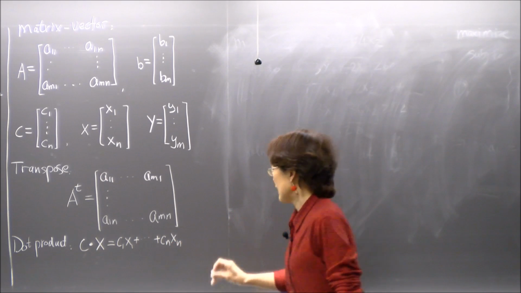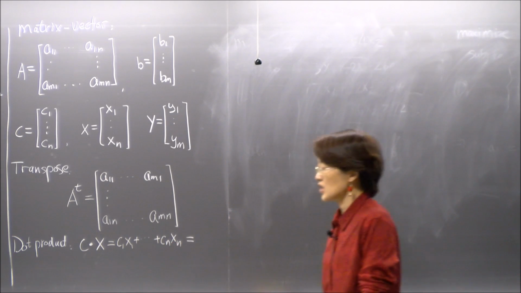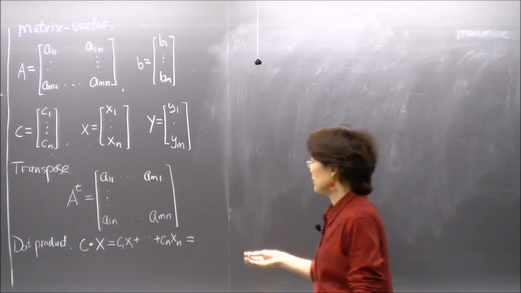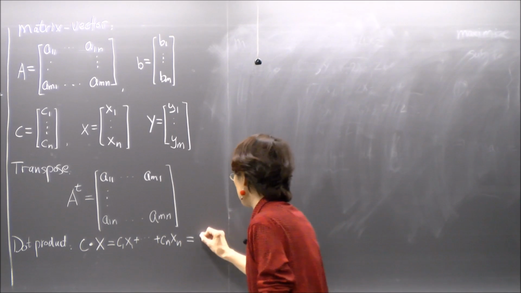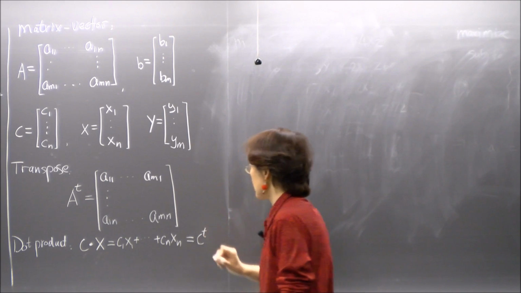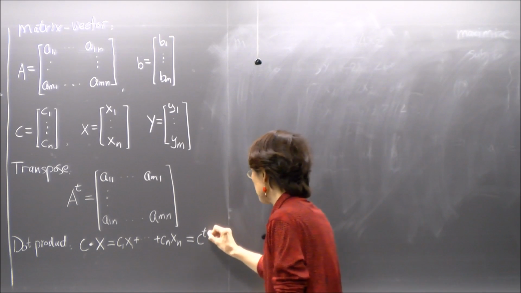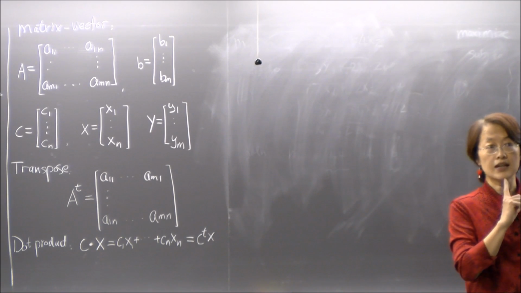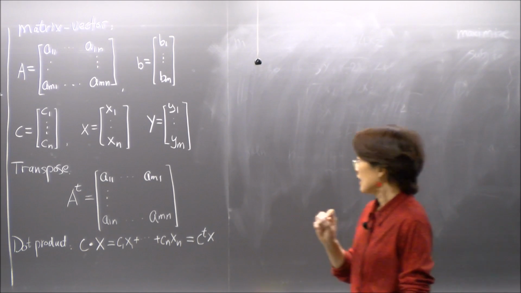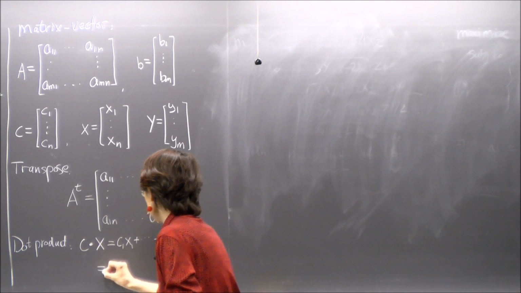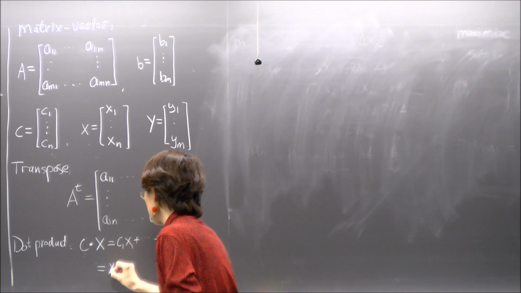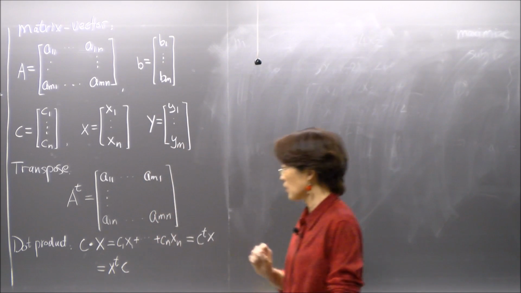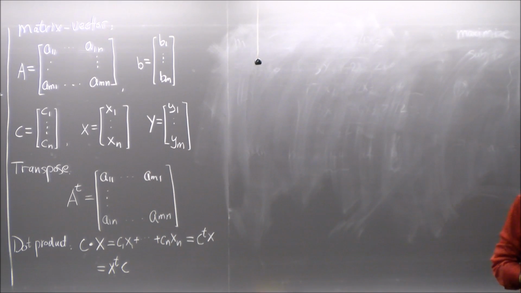And this can be expressed as a product: if I transpose the c into a row vector and multiply it onto a column vector, then I get a number. That's exactly what that is, right? And if I transpose the other way, x transpose times the c vector, that's a row, that's a column, it gives me the same number.